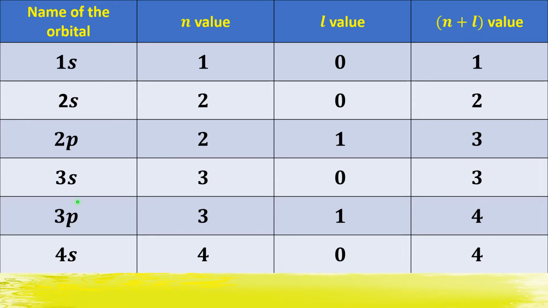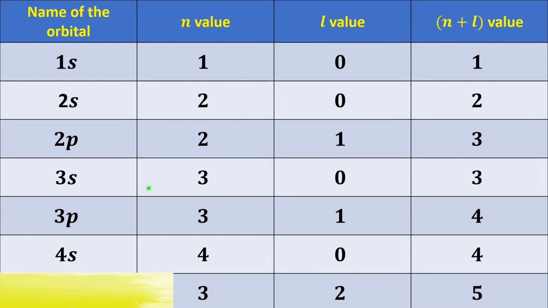That's why the energy of 3p orbital is less than the energy of 4s orbital. Next, 3d orbital, the N value is 3 and its L value is 2, isn't it? So 3 plus 2 equal to 5.